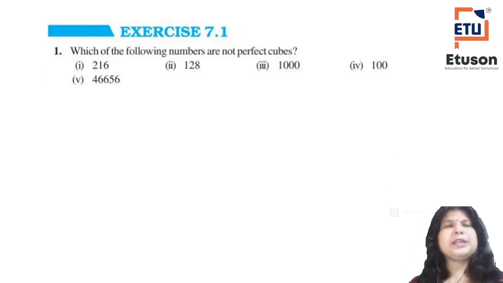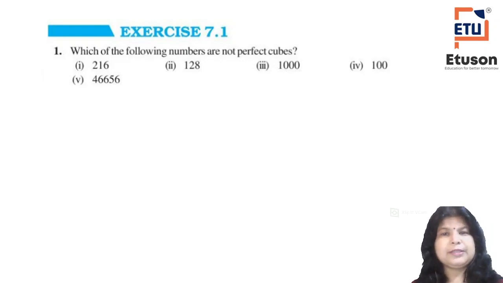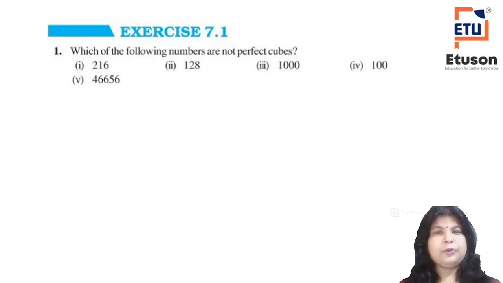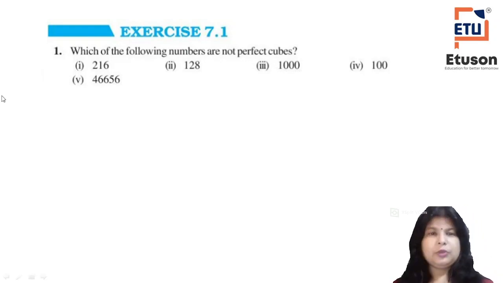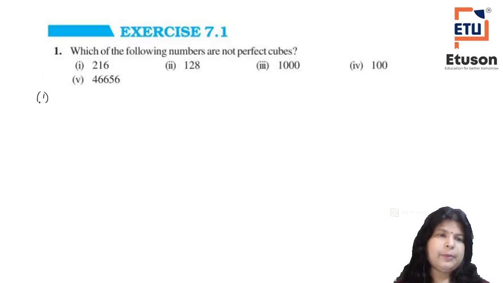So this is question number 1 from your exercise 7.1. Which of the following numbers are not perfect cubes? In order to find out whether the number is a perfect cube or not, you have to go for prime factorization.